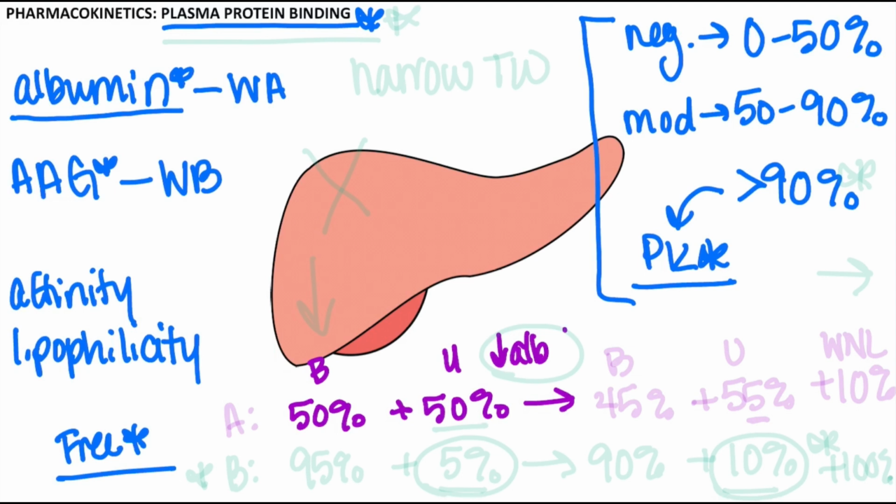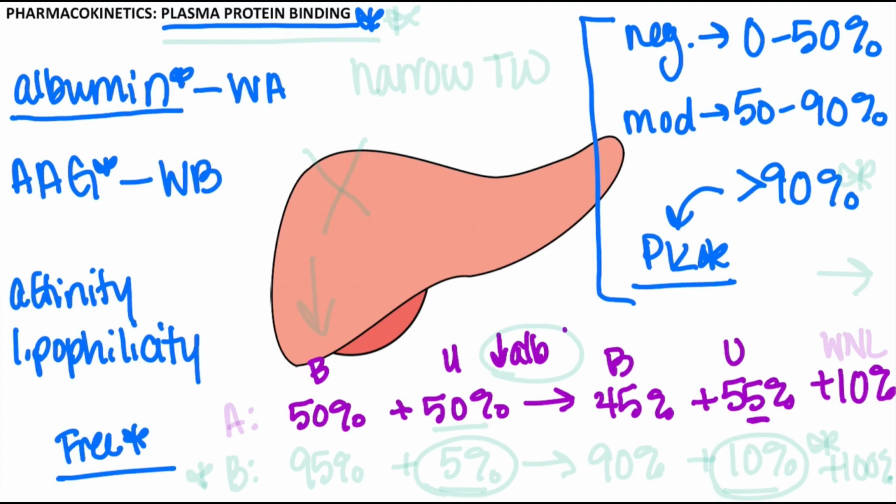So now only 45% of the drug is bound, and 55% of the drug is now unbound, free, and active. This is only an increase in free or unbound drug by a total of 10%, because it increases by 5%. We started at 50 and now we're at 55.